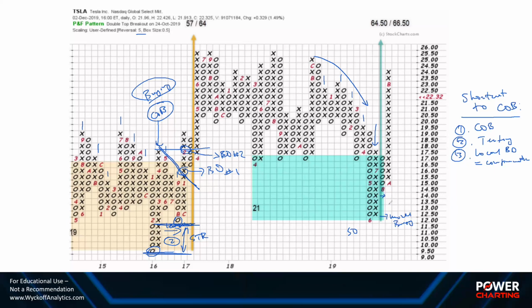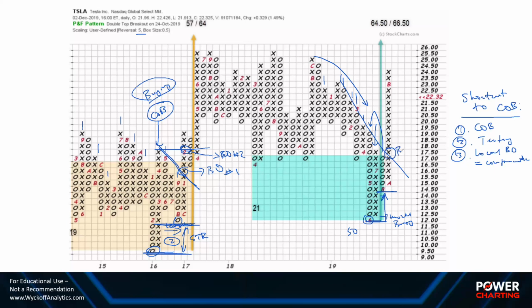The test is very rapid, and it is definitely less than the last leg down, or the leg down before. And we're seeing that the test is also at a significantly higher low. There's a lot of spacing in between the low of the shakeout and the test itself. Okay, last one, and that is our local breakout.